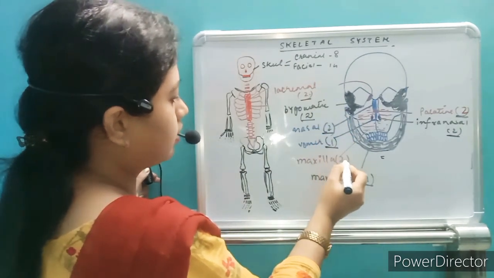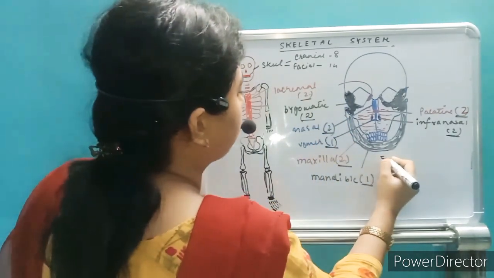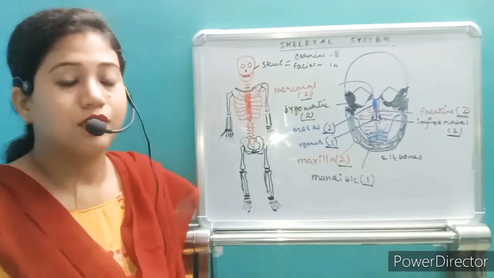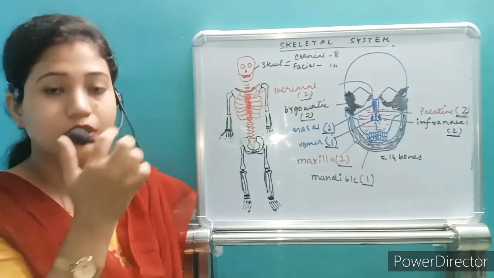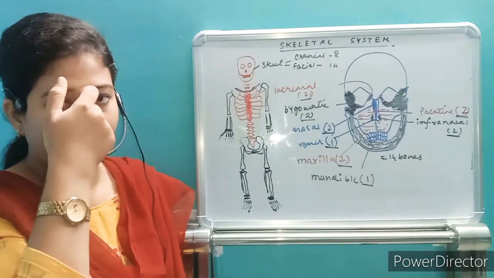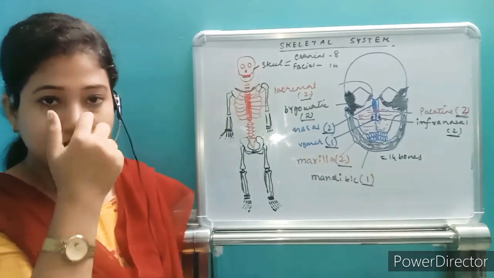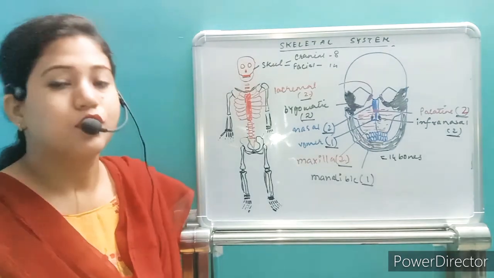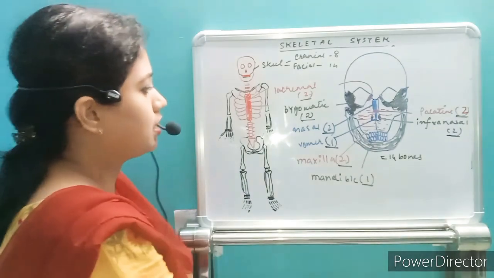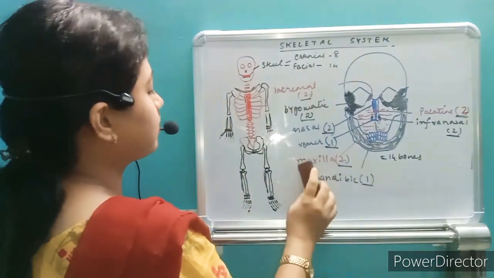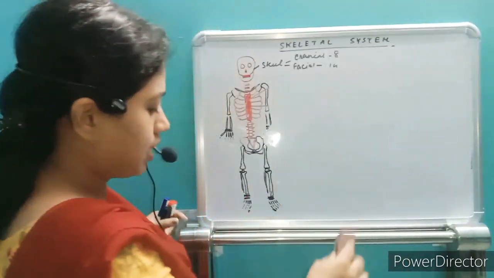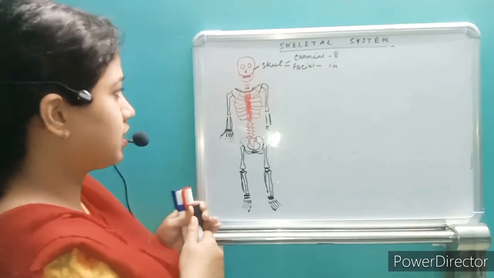We have two zygomatic, two lacrimal, two nasal, one vomer, two maxilla, one mandible, two palatine and two infranasal. In total, we are going to have 14.